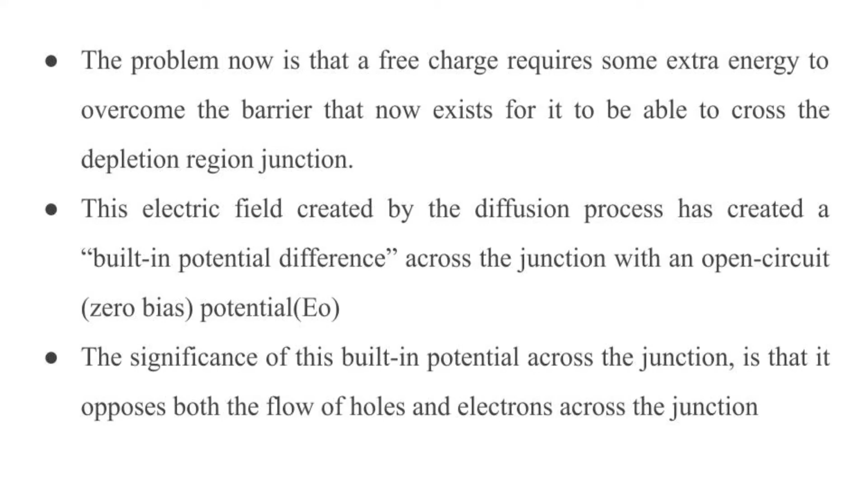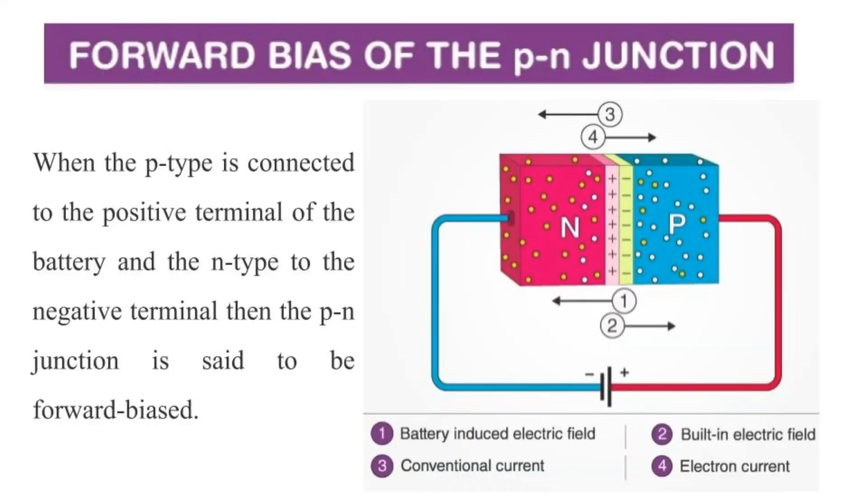Potential is zero bias potential, let it be E0. The significance of this built-in potential across the junction is that it opposes both the flow of holes and electrons across the junction. Let us see forward bias of the PN junction.